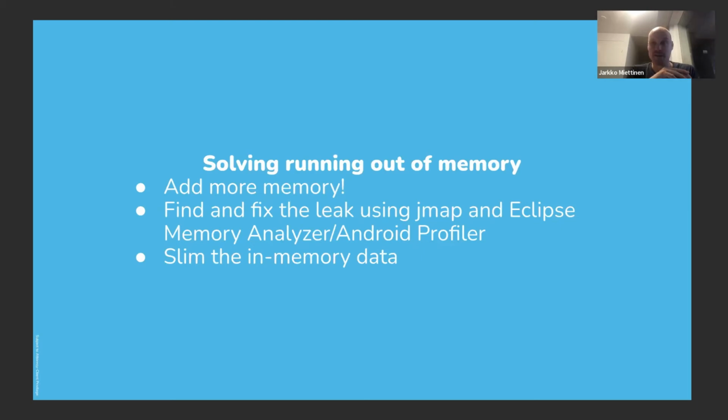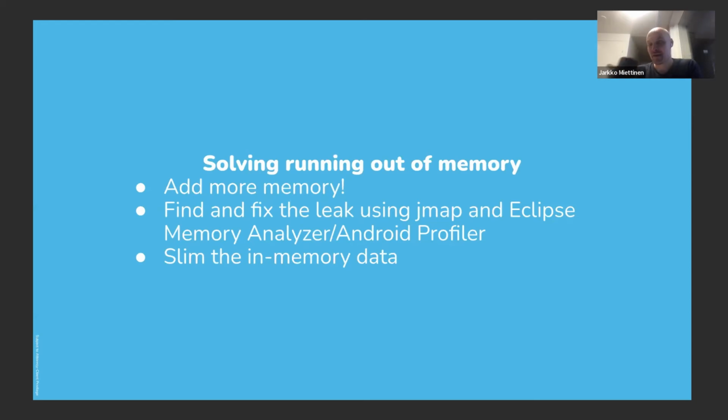This means using a simpler representation, using for example primitive values instead of, say, a list of ints, you use an int array for the same data. But basically, the solutions are add more memory, or use less memory, or find the leak.